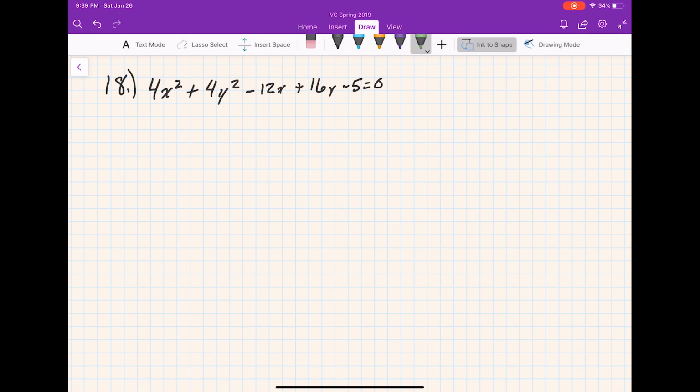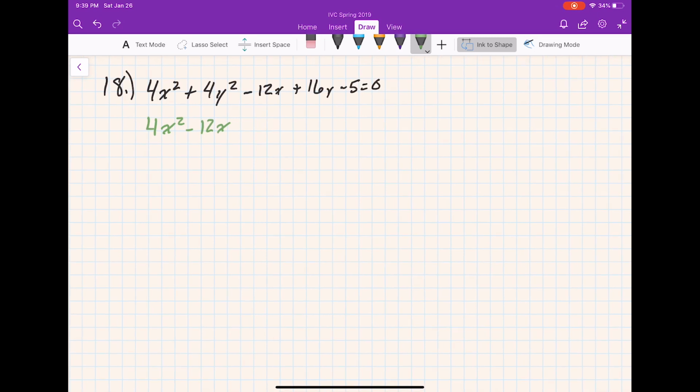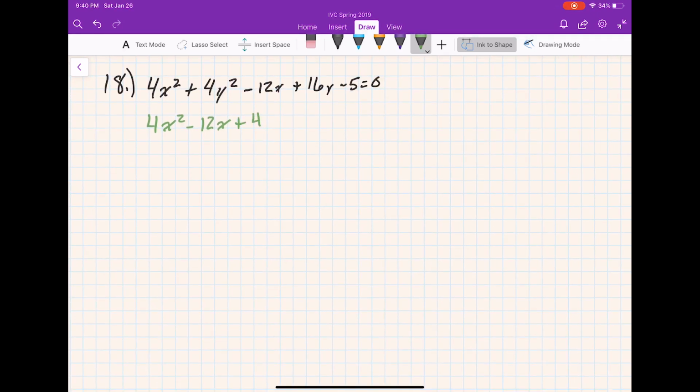Number 18, we've got the same kind of situation going, except it's going to be a little more complicated. But 4x squared minus 12x, leave that plus space. Actually, I'll just write out all this so it's all in the right order, and get the 5 on the other side.